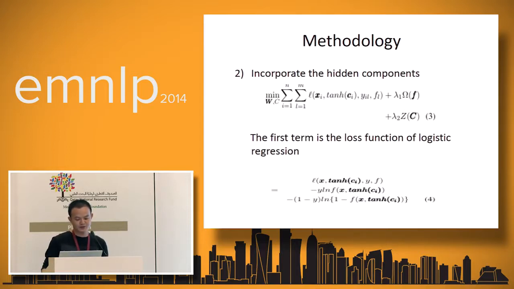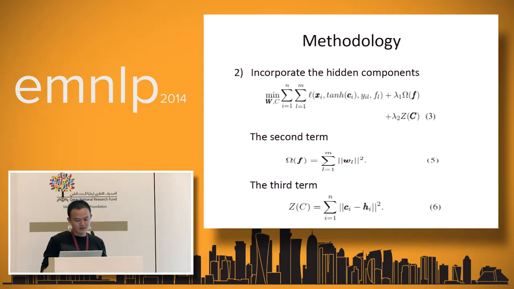The first term is the loss function of logistic regression. Minimizing the first term is to fit the training data. The second term, I think, is very popular, the L2 norm regularization. Now, the point of our work is the third term.